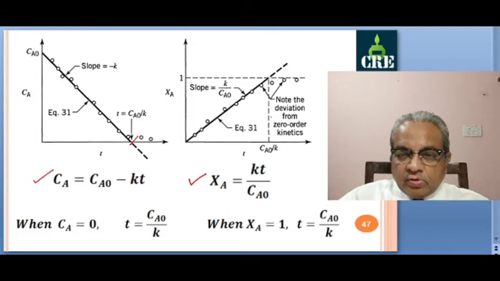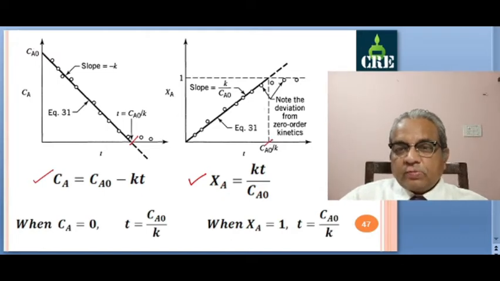And if you take the value on the x axis, t is equal to Ca0 by k, then Xa will be equal to 1. So it cuts here. Beyond this, if you read this on the line, conversion is greater than 1. That is absurd.